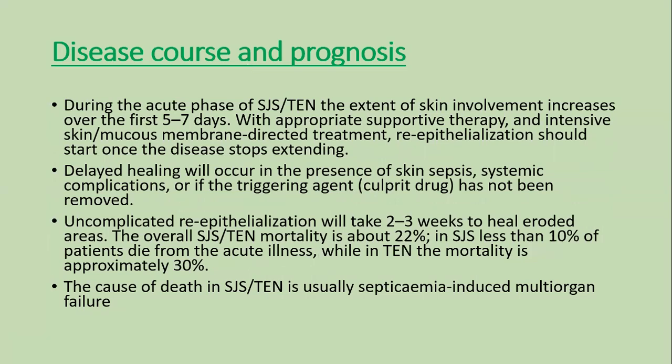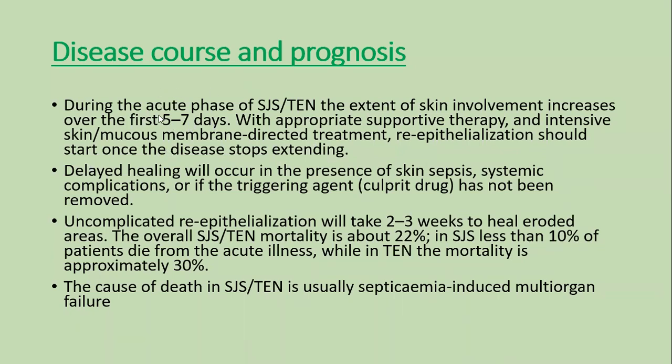Disease course and prognosis. During the acute phase of Stevens-Johnson and TEN, the extent of skin involvement increases over the first 5 to 7 days. With appropriate supportive therapy and intensive skin and mucous membrane directed therapy, re-epithelialization should start once the disease stops extending.